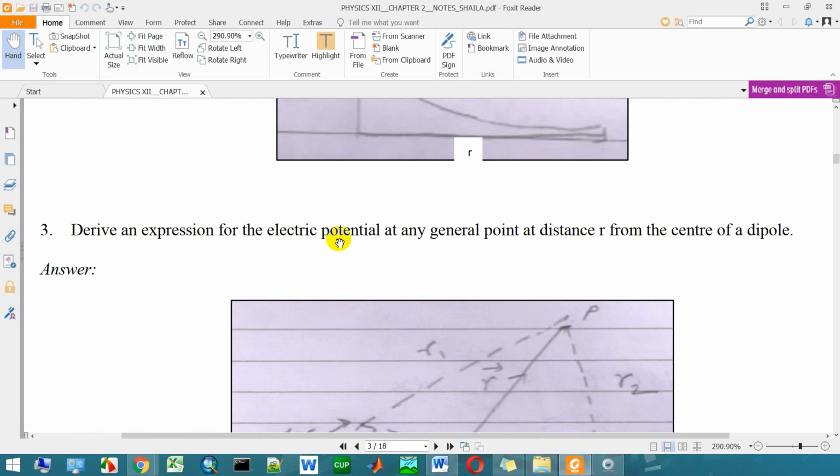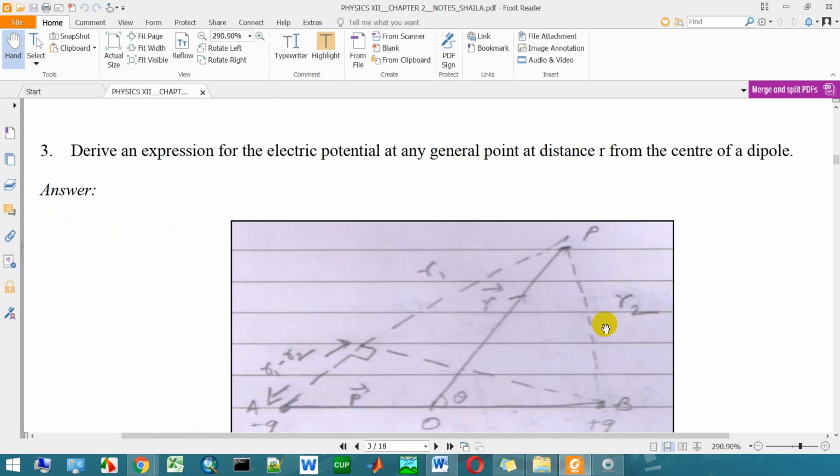So here the question is to find potential at any general point. So in the diagram, this is the dipole, point P is the general point, and the distance of point P from the center of the dipole is r.